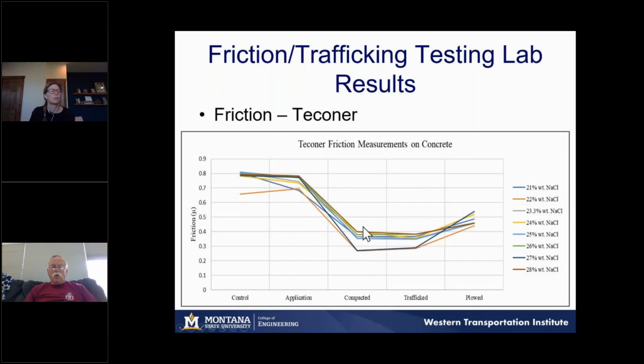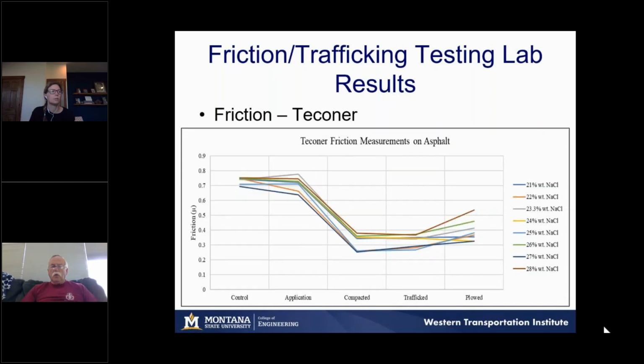And then when it measures friction once that snow is compacted on the pavement, you get a large drop in friction, which again you would expect to see and we saw previously. Once that snow is trafficked, or the tires have run over it, we see a very consistent friction value to the compacted. But then once that snow was plowed off the pavement, we do see an improvement in friction. So this is the concrete sample, and here is the asphalt sample.